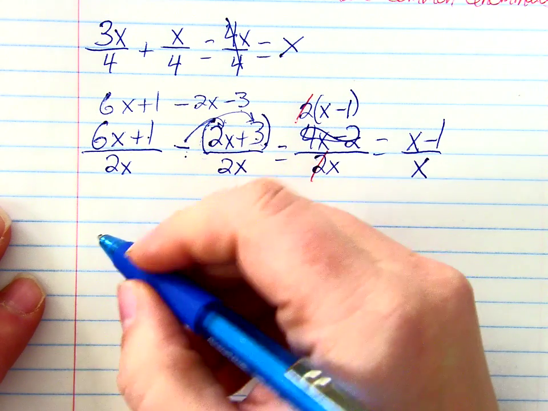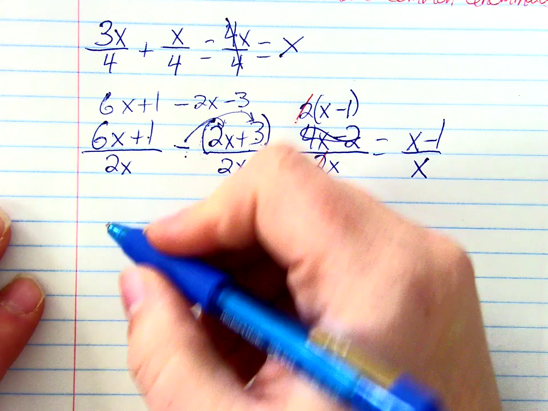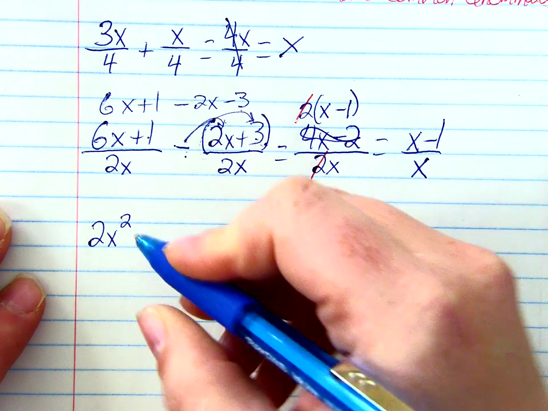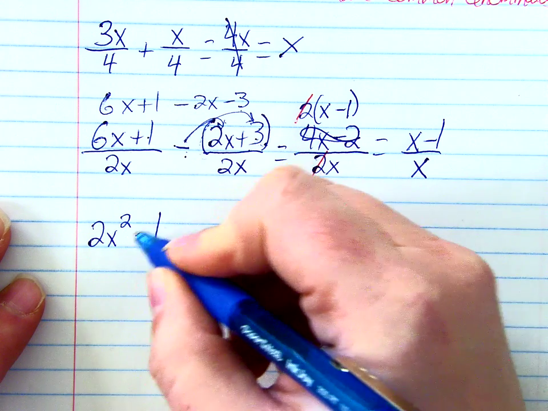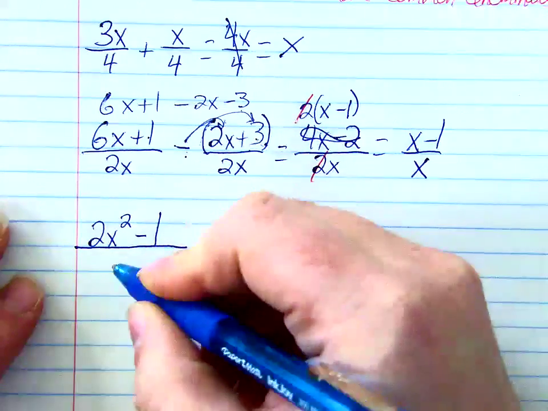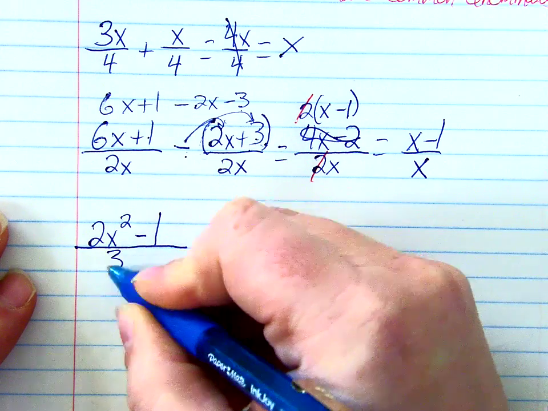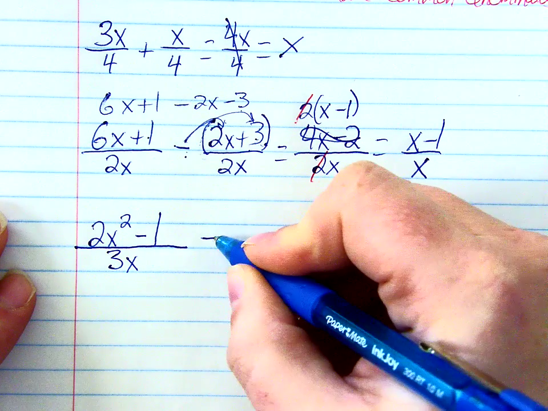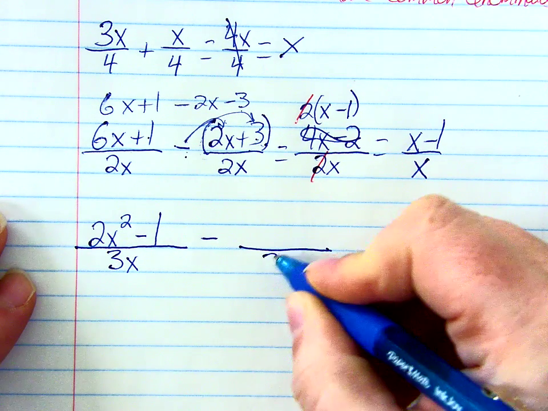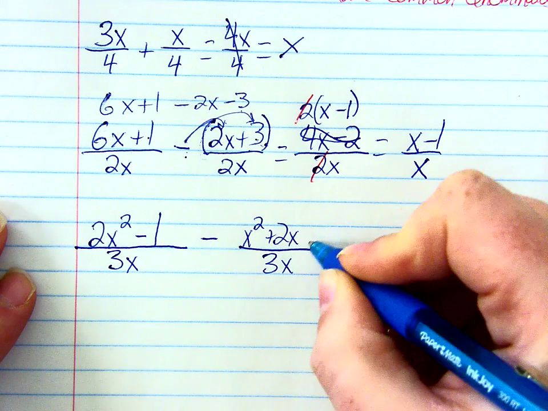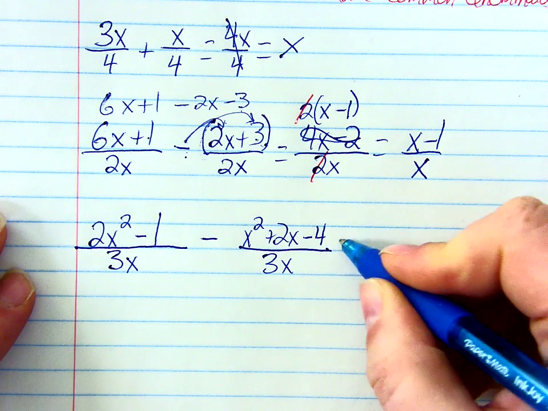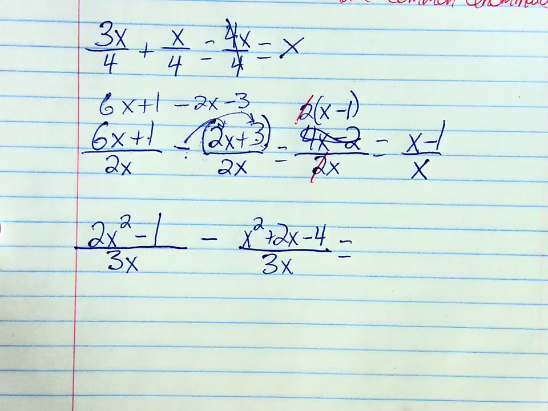Let's do a trinomial up there, over 3x, minus an x squared plus 2x minus 4 over 3x. So simplify this one as much as you can.